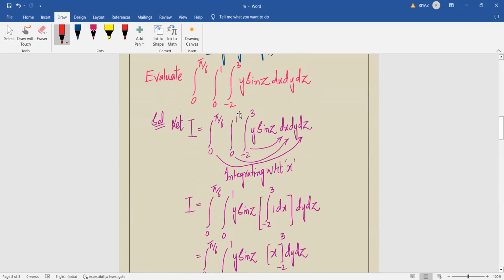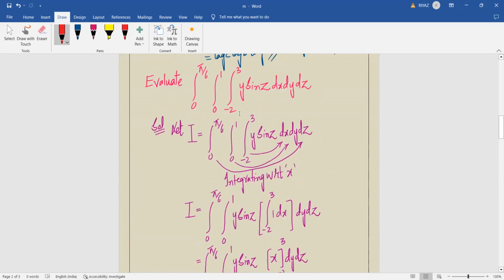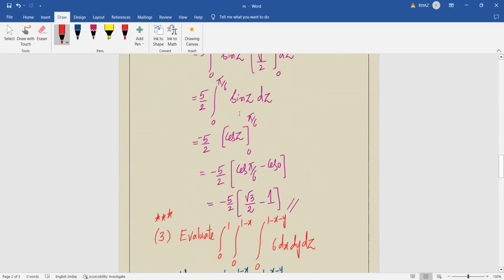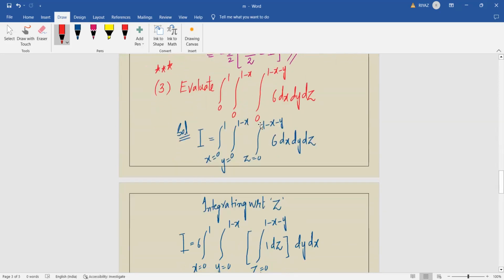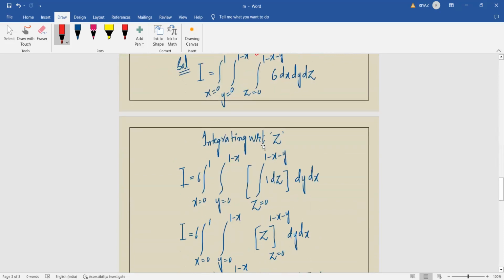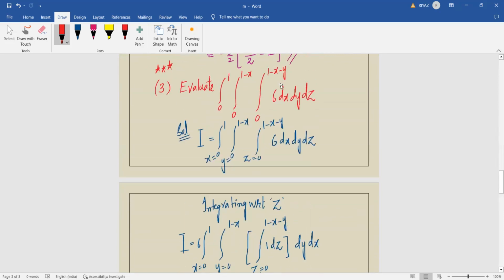This one we have started from here. Actually, in this problem the limits of x should be in terms of another variable, x and y, and z limits. That's what we have to integrate with respect to z only. If you have a situation like this, in terms of another variable, it means we have to integrate the most complicated one first.